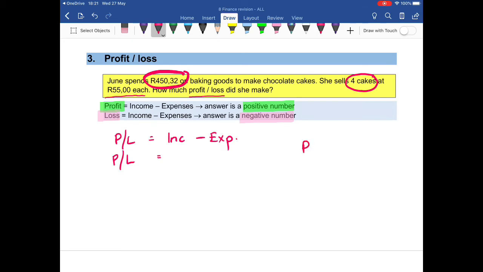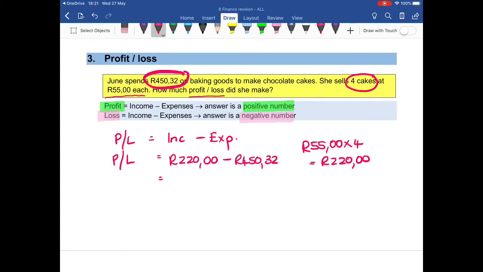So I'm going to have to go 55 Rand multiplied by 4, and that answer will give me 220 Rand. So she made 220 Rand, that is her income. 220 Rand minus, well, it cost her 450 Rand 32 to buy the ingredients.